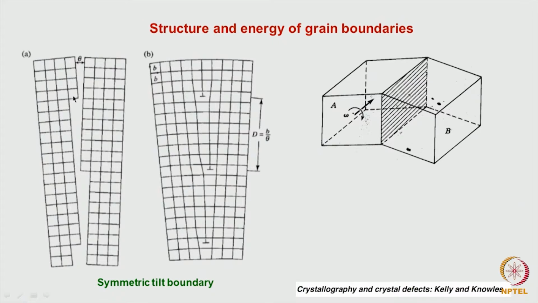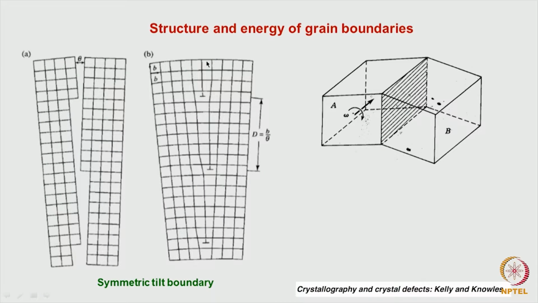Each of these ledges, if we join both of them together, will become like an extra plane, equivalent to introducing one extra plane, so a dislocation. So if we join them together, we will have one dislocation and another on top of it, and another on top of it, like this.